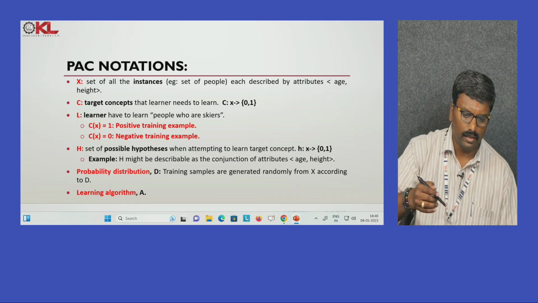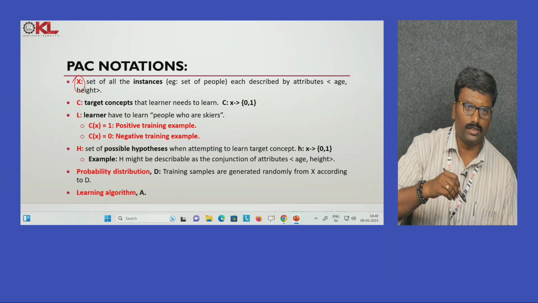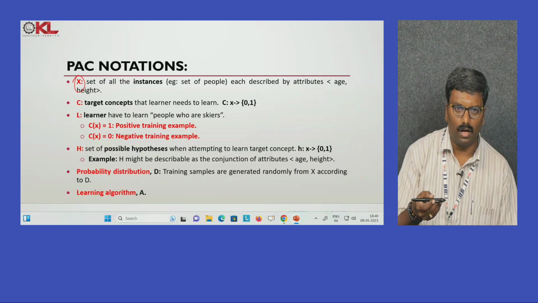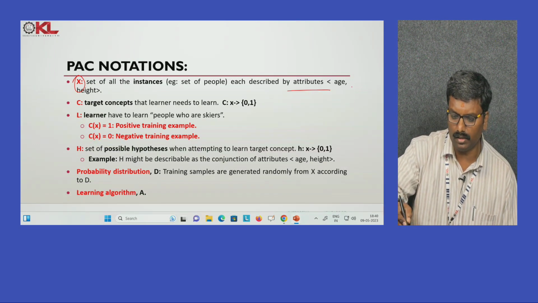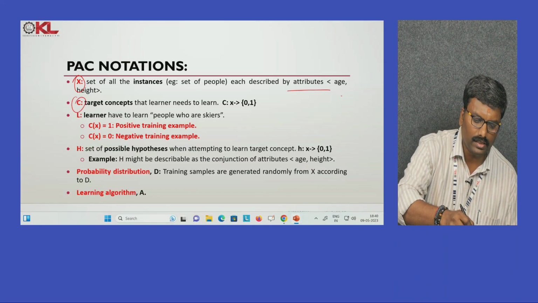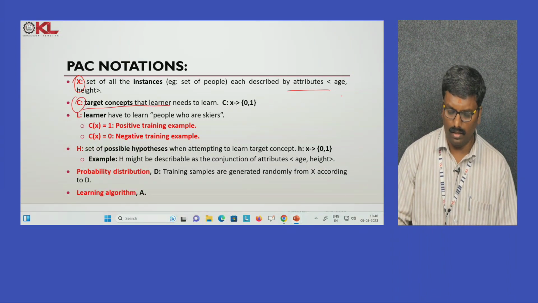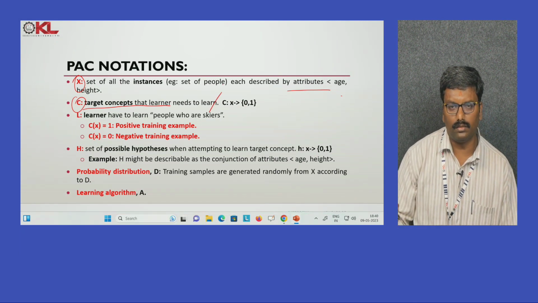The first one is X, the set of all people, all population, all instances, each described by attributes, for example age or height or weight. The second notation is the target concept C that the learner needs to learn from the samples.